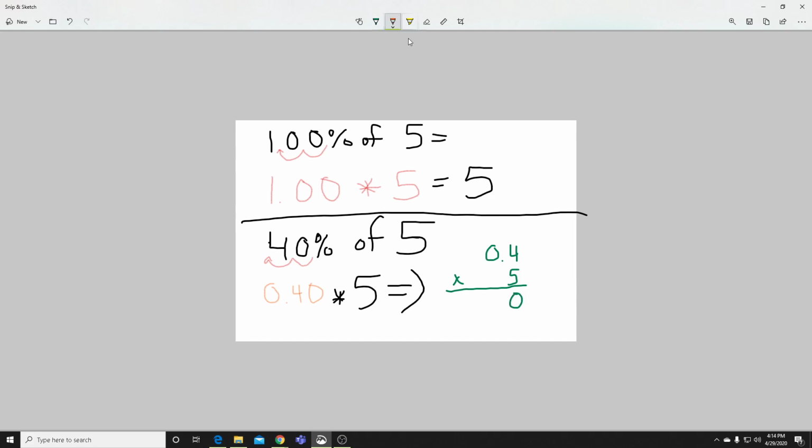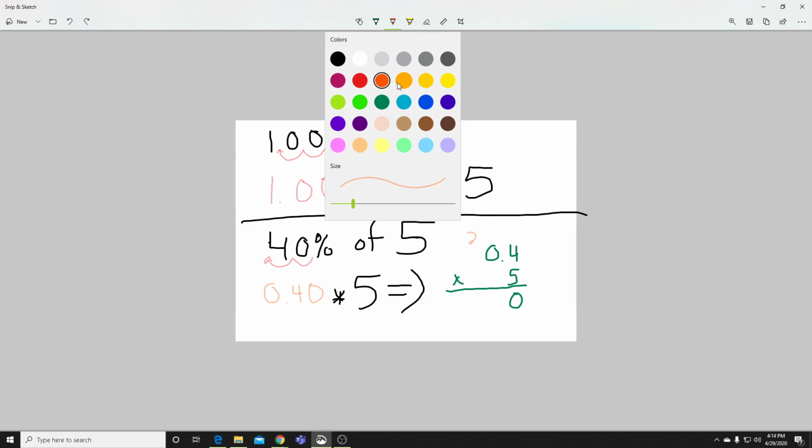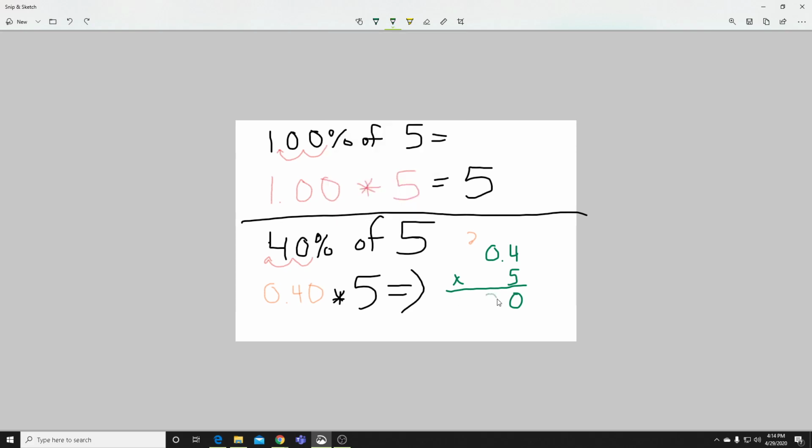Right, carry over the 2. 0 times 5 is 0, plus 2. So you put a 2 there. And then finally, just as the others, count how many decimals you should have. So there's 1 to the right. We need 1 to the right. So we'll put our decimal right here.